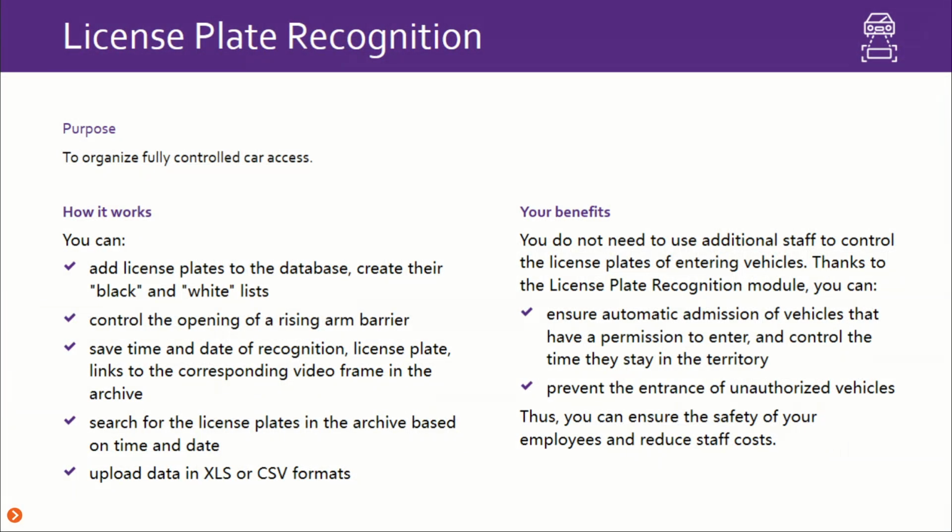Then you have license plate recognition, which comes in two variants, parking and highway. With parking you can manage low speed moving vehicles. With highway you can work with vehicles running up to 150 km/h. With this module you can manage a database, and in the database you can set groups.